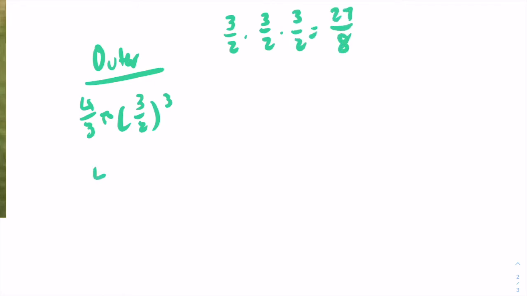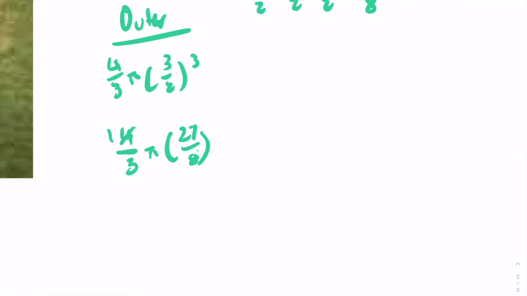So 4/3 pi times 27 over 8. Let's see if you can simplify. Yeah, look, 1, 2, 1, 9. So this actually simplifies to 9 over 2 pi, which is not bad. Well, I just want to leave it as a fraction for now.